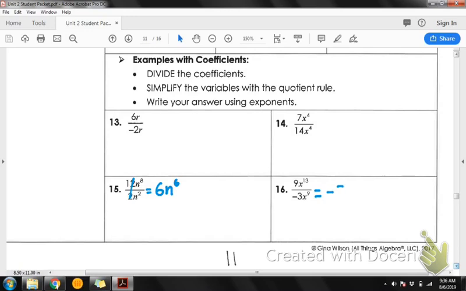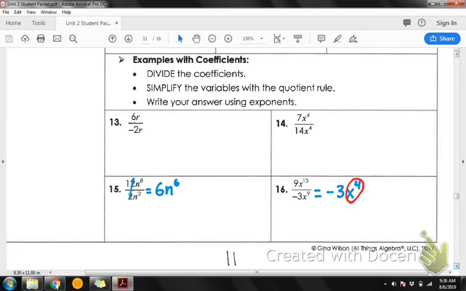Excellent. Negative 3. Candace, what's my x going to be? 4. x to the 4th. Now, do we need parentheses? This is a great question. Is negative 3 being raised to an exponent? Does negative 3 have an exponent with it? No. That 4 is only going to the x.